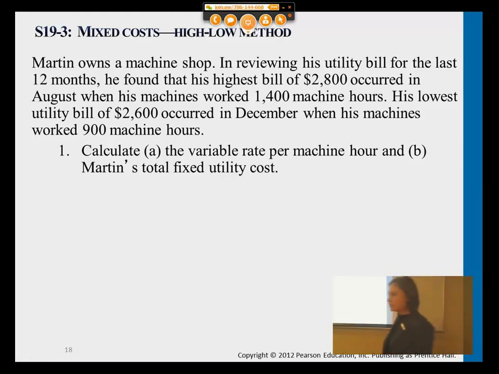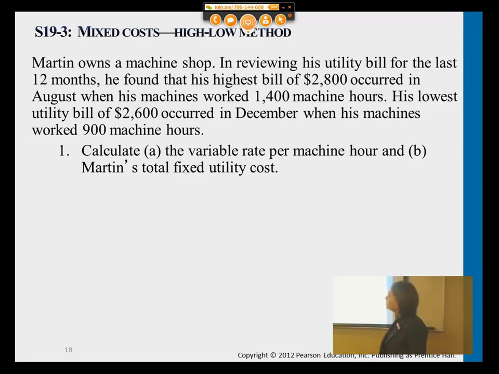Okay, so how do we calculate the variable cost? The variable cost per unit is our change in total cost divided by change in the volume of activity. So what are we going to do?